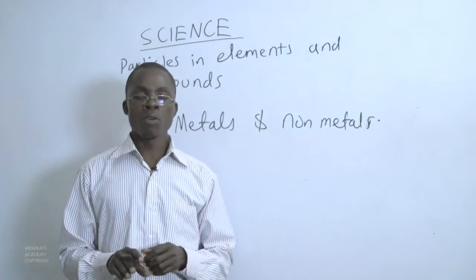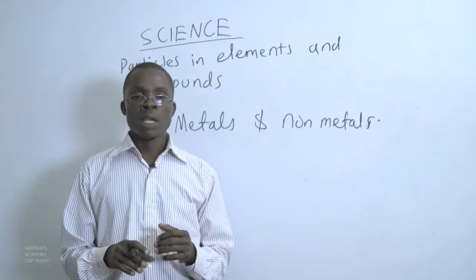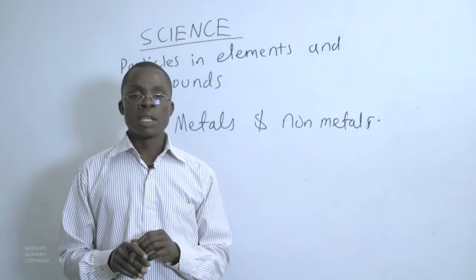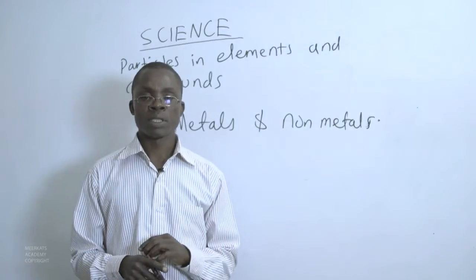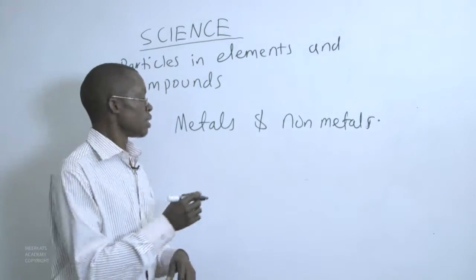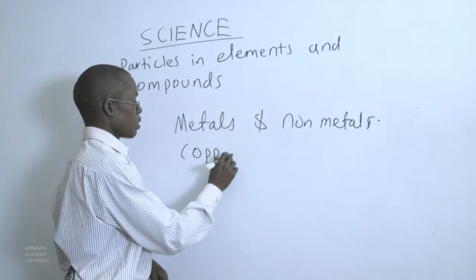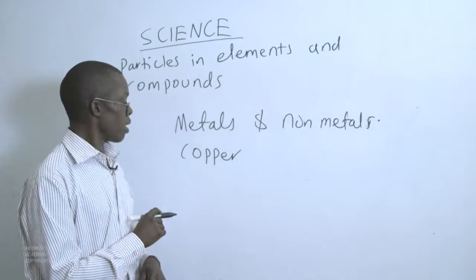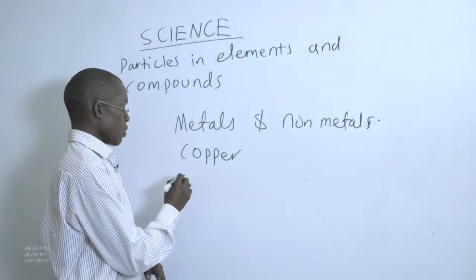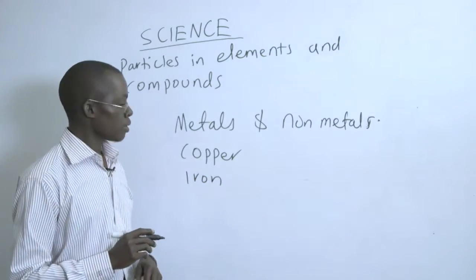Just an overview of what you have covered today. Give me the symbols of the following: copper, as a metal; iron, as a metal.